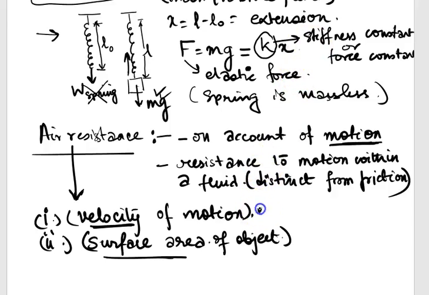If a supercar moves at a speed of say 200 kmph, the velocity is pretty high, so air resistance will be pretty high, right? If you try and put your hand out through the window of probably a Bugatti or a Koenigsegg or a Pagani, right? You'll feel that.